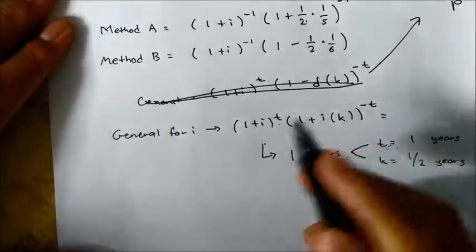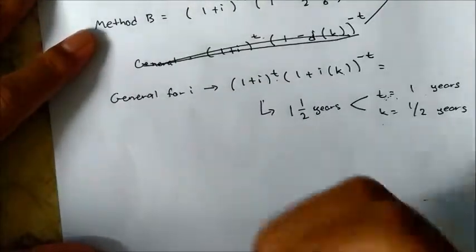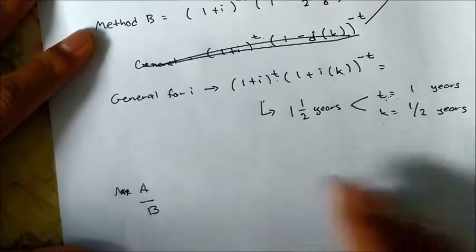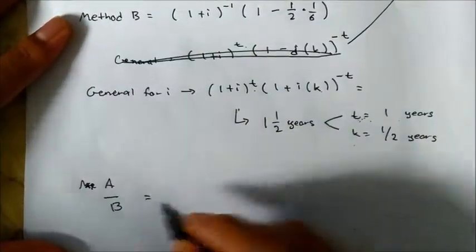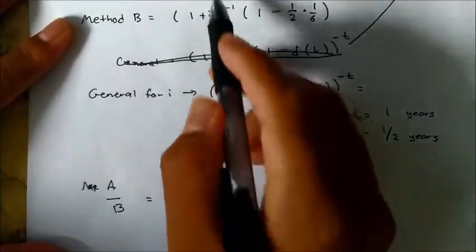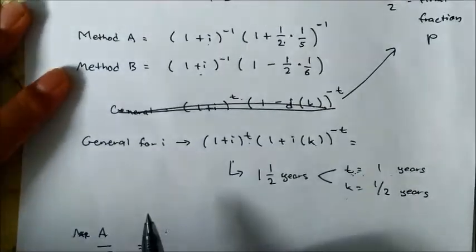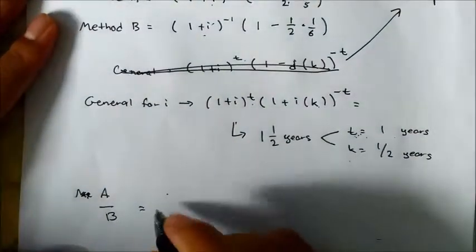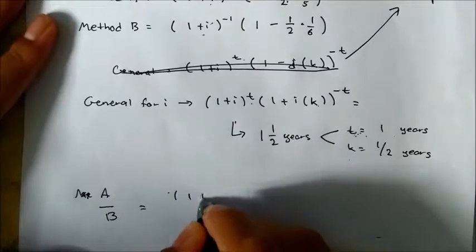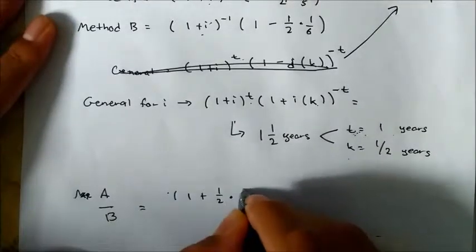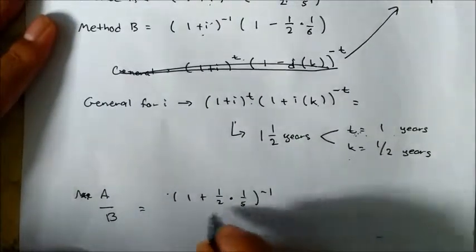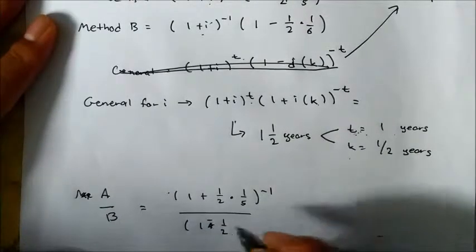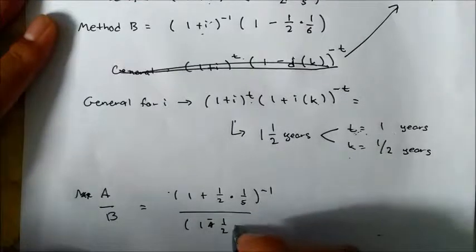The question asks for the ratio. So ratio means method A over B. Since both of them can be cancelled out, we'll just include only (1 plus 1 over 2 times 1 over 5) to the power of negative 1 over (1 minus 1 over 2 times 1 over 6).